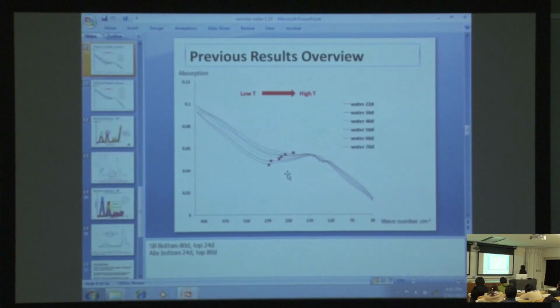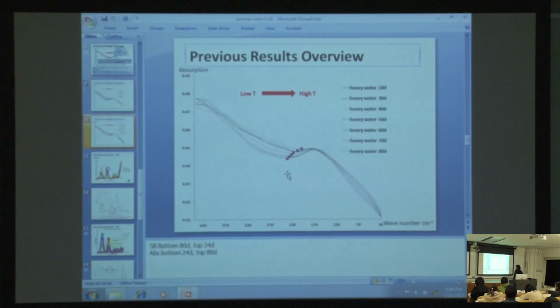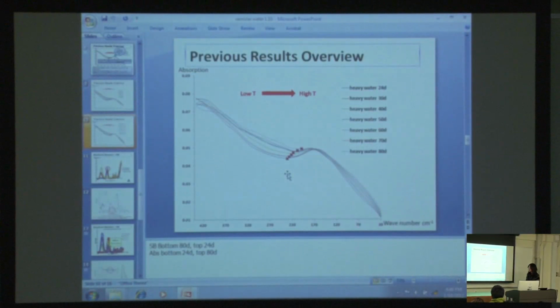But sometimes in the spectral region, we make the graph in reverse order, and that's fine. We try to know which region is mid-infrared and far infrared.